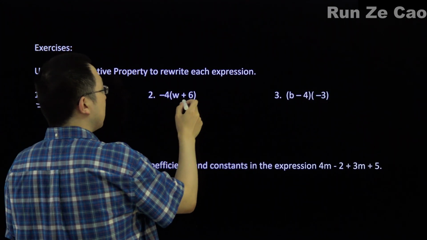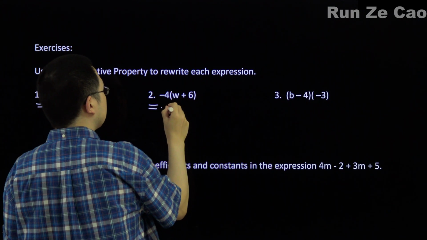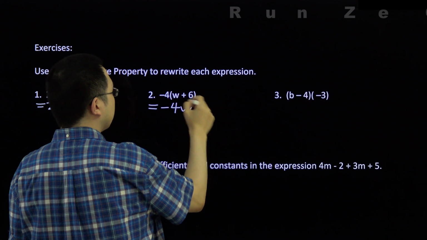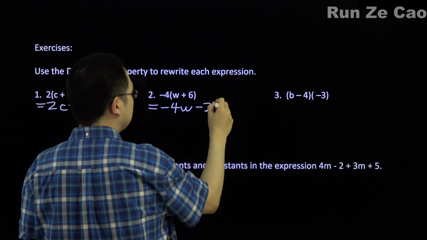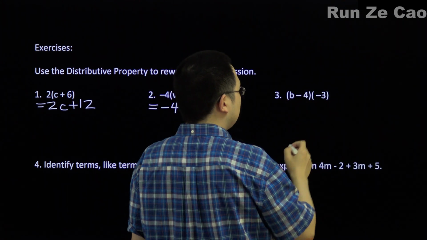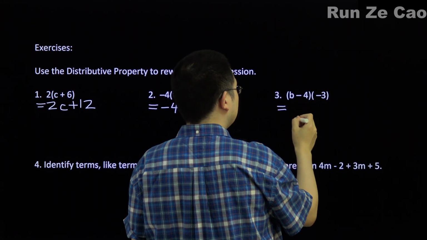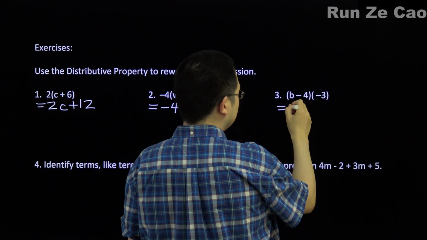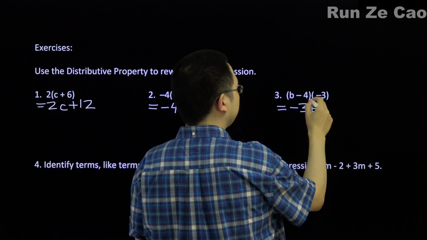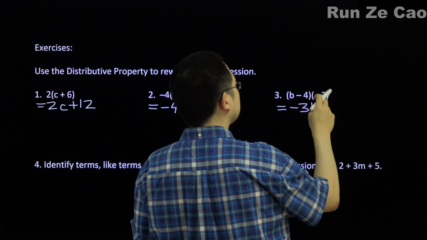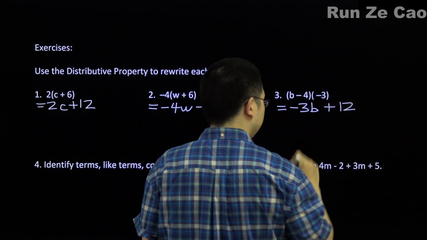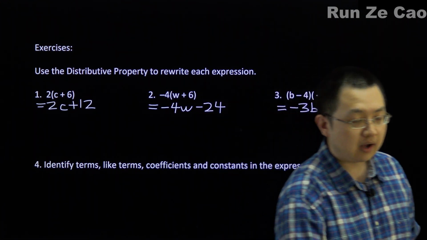Negative 4 times (w plus 6), that's negative 4w, and then negative 4 times positive 6 gives us minus 24. Now (b minus 4) times negative 3, well, that's negative 3 times b, so negative 3b, and negative 4 times negative 3, or vice versa, that comes out to plus 12, because the negative signs cancel out.